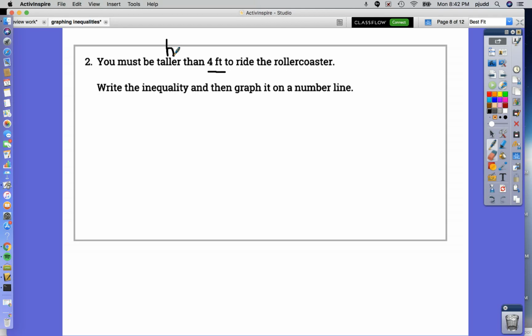And what would that inequality look like? H, taller than 4. So write your inequality statement, draw your number line, and graph your inequality statement. Take about 1 minute for this. So pause the video here and check back in a minute.